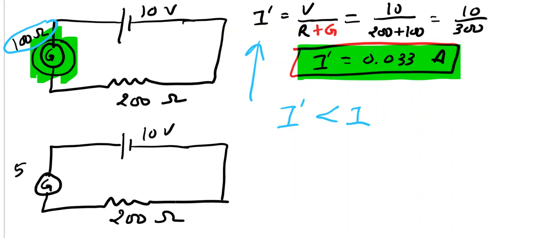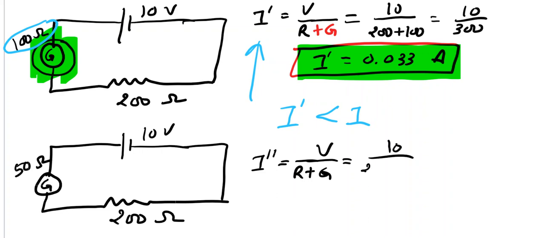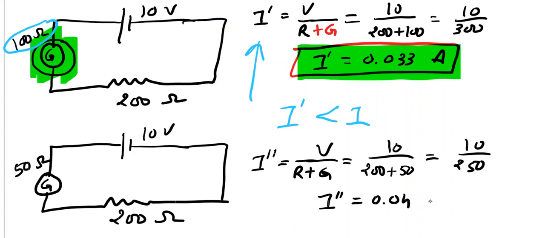Let us consider the resistance to be 50 ohm, and let the current be denoted by I double prime. So what is I double prime? What is the current now? Now it will be 10 by 200 plus 50, and that is 10 by 250, and then I double prime will be 0.04 ampere.